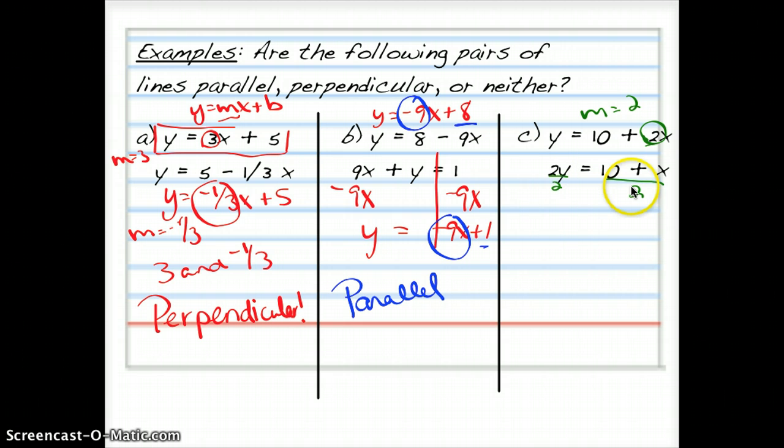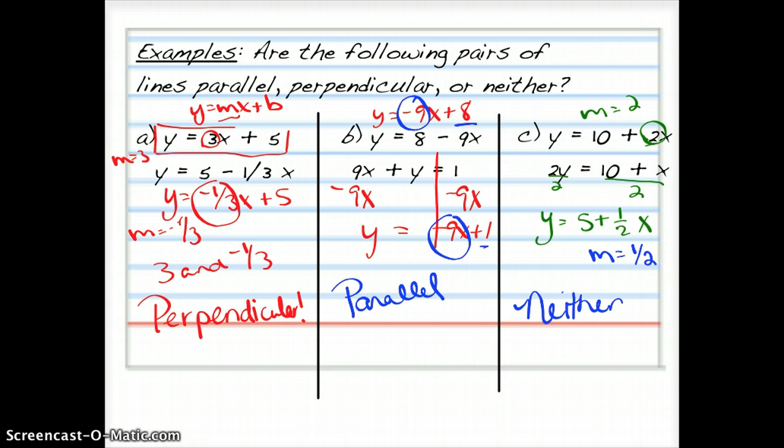And I get y equals 5 plus 1/2 x. If I'm comparing their slopes, my slope is 2 in the first one, my slope is 1/2 in the second one. Those are reciprocals, but they're not opposite reciprocals. So in this case, we'd say that these graphs are neither parallel nor perpendicular.